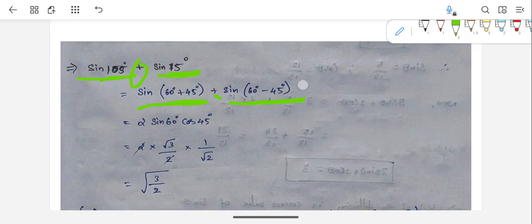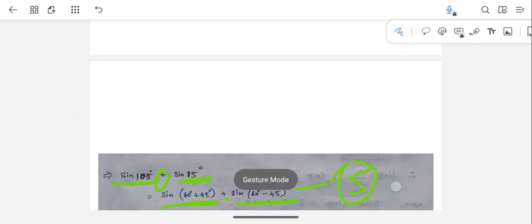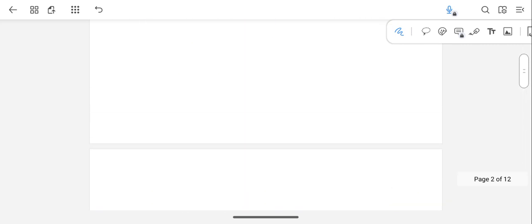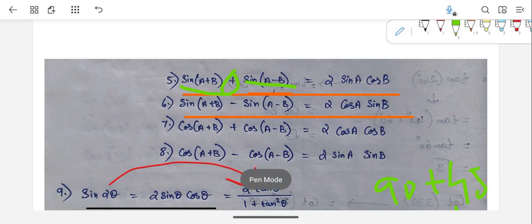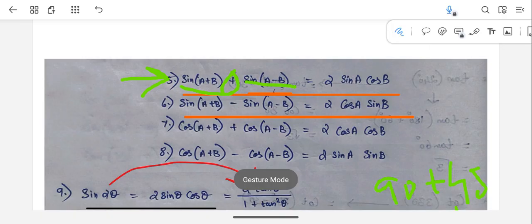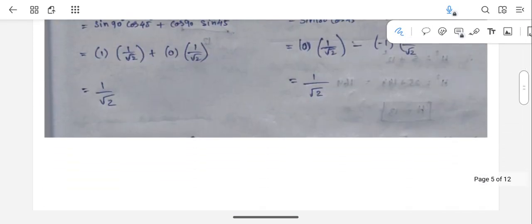So sin 105 is sin(60+45) plus sin 15, which is sin(60-45). This becomes the format of the fifth formula, sin(a+b) plus sin(a-b). Then you can just substitute the value, which means 2 sin a cos b, right?